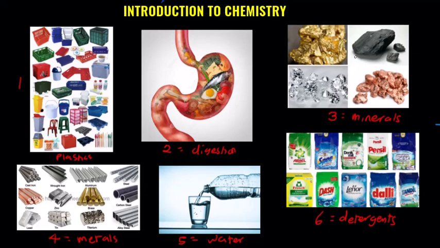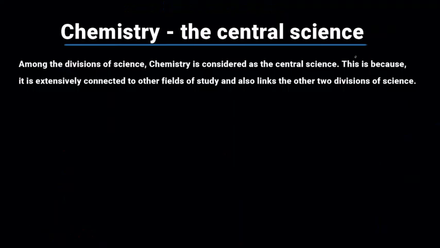So, chemistry explains a whole lot of things around us. Even there are so many things that happen in our homes that, with or without our knowledge, are based on chemistry.